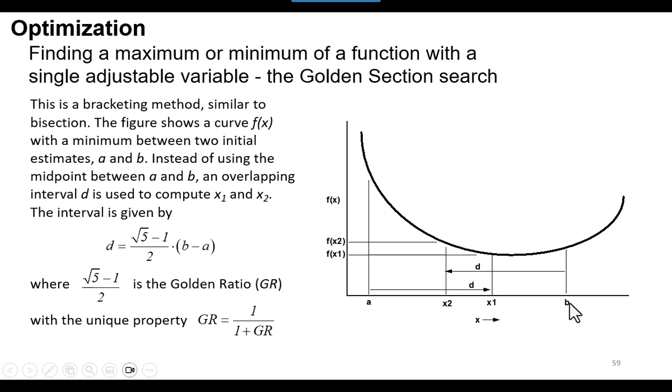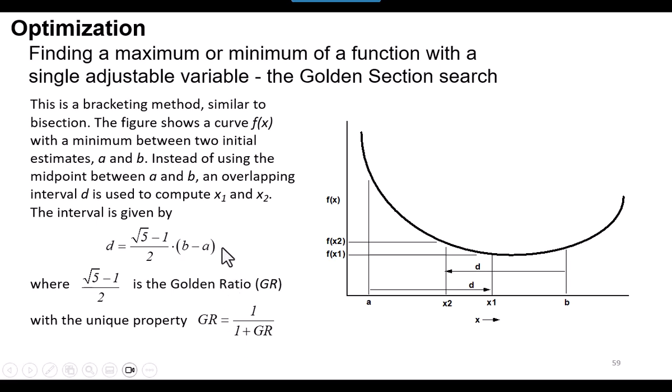So to do this with golden section search, what we do is we compute the golden ratio as square root of 5 minus 1 quantity over 2. And that happens to have a unique property, and that's described there.